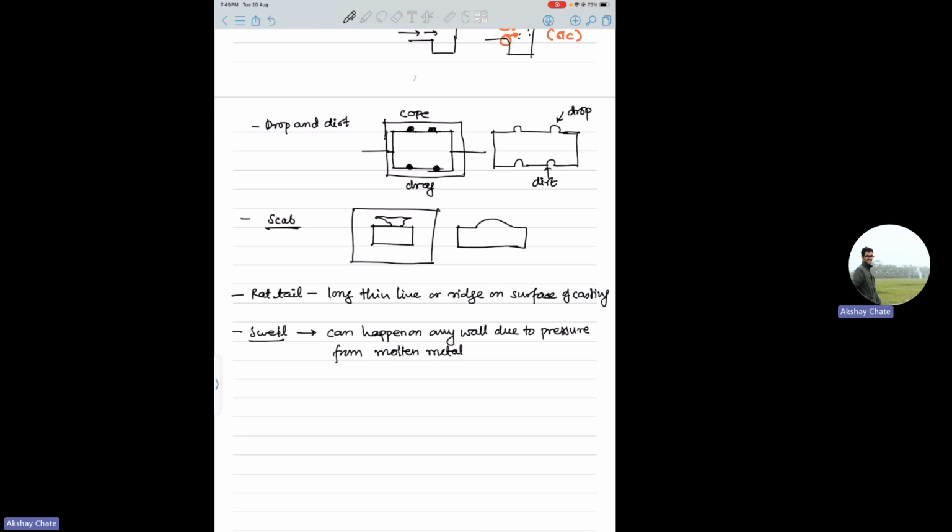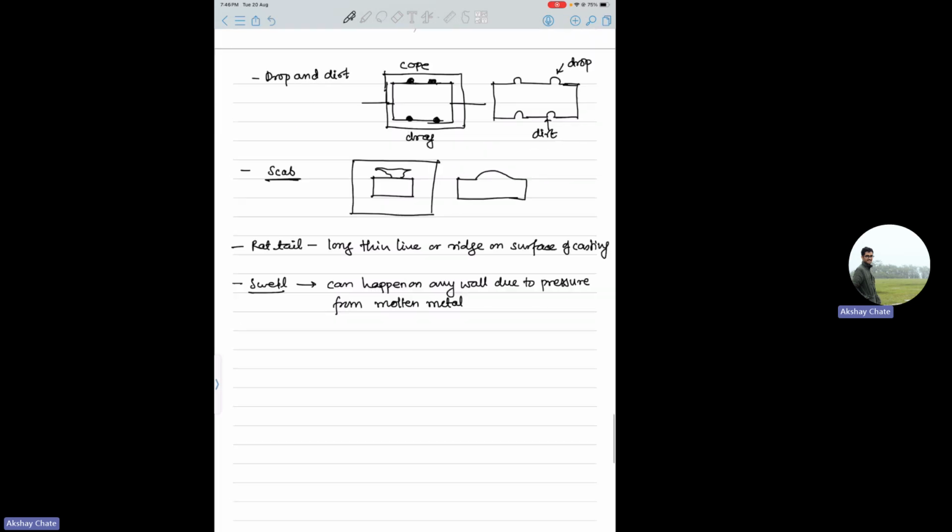Then there is something called buckle. Buckle is nothing but a severe form of rat tail.